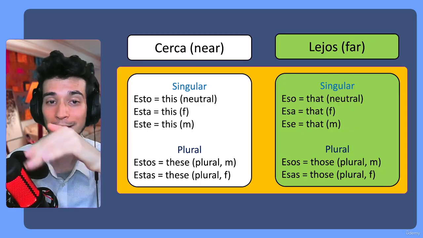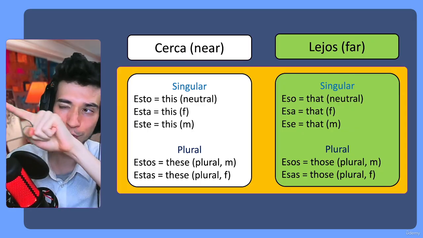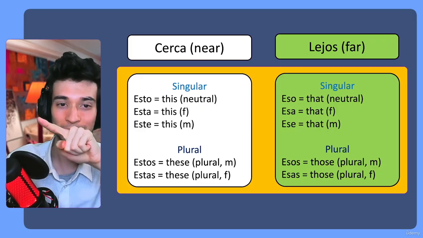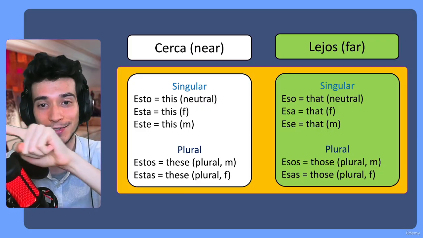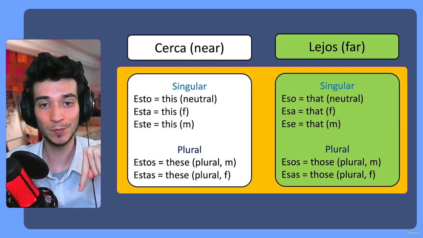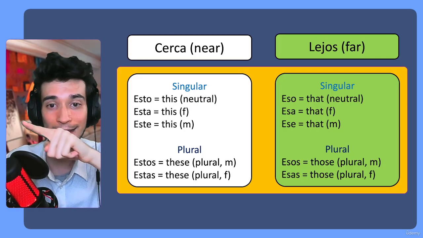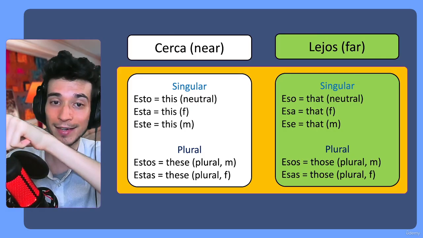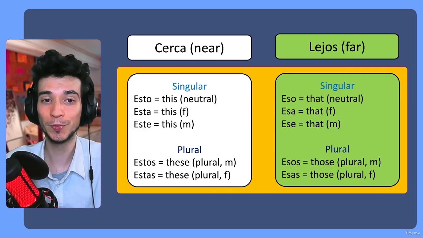And this one is neutral. You don't know the gender, you're like, that thing over there. Eso, that. And esta, this, becomes esa, that. So you basically just remove the T.